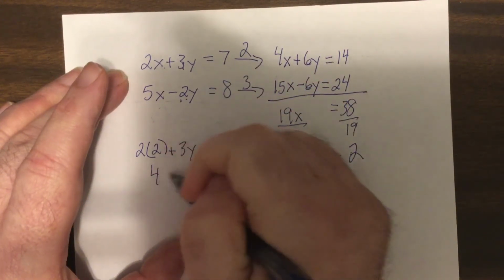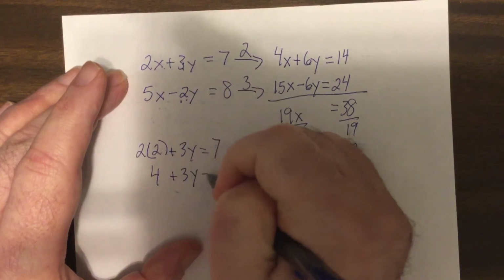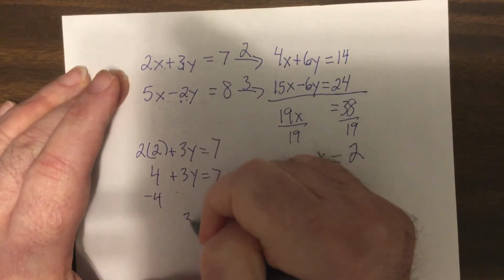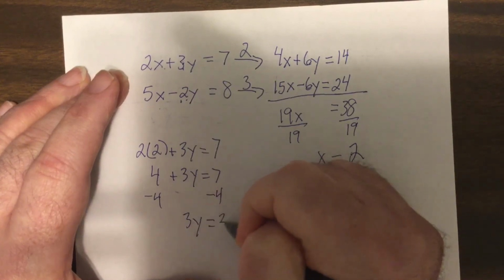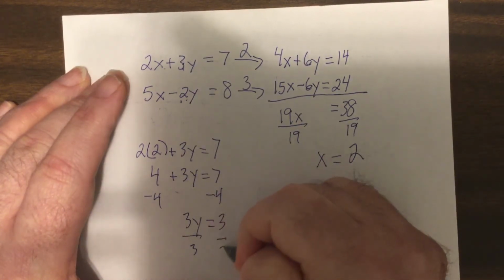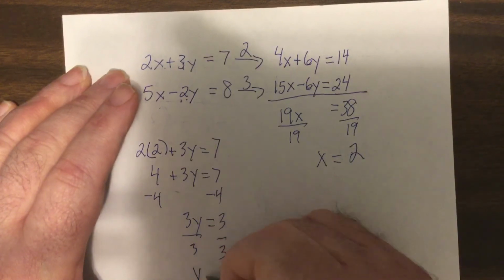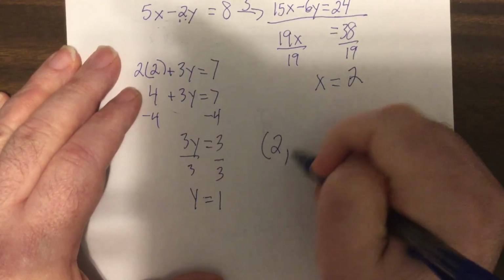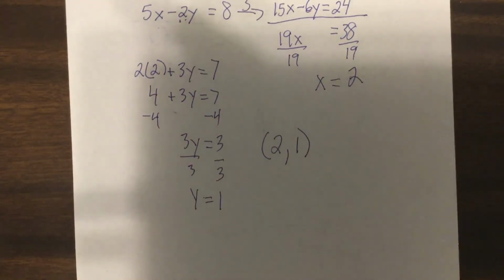So 4 plus 3y equals 7. Subtract 4. Then divide by 3. So y equals, I'm off the page, equals 1. So it's 2, 1. Ooh, not too bad.